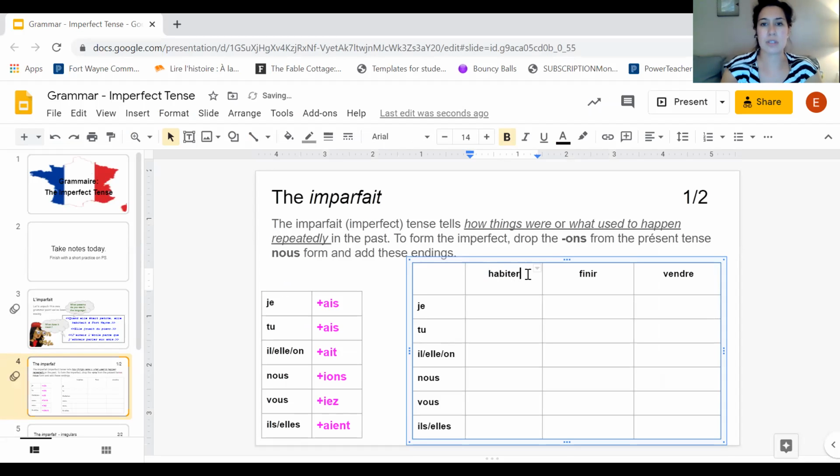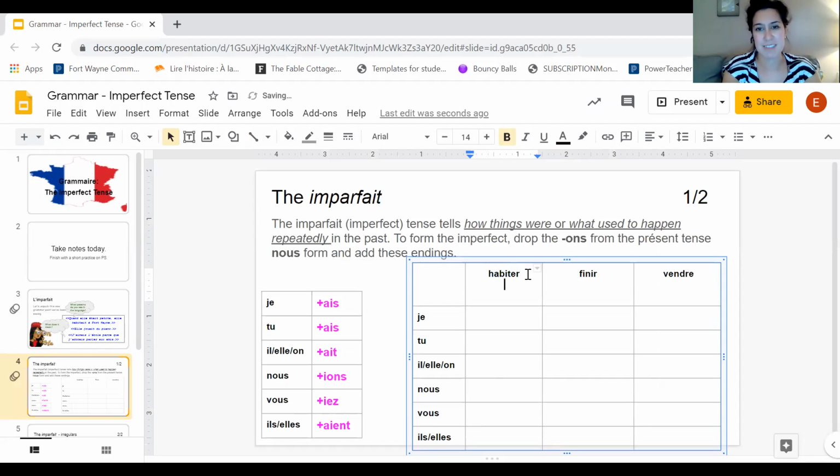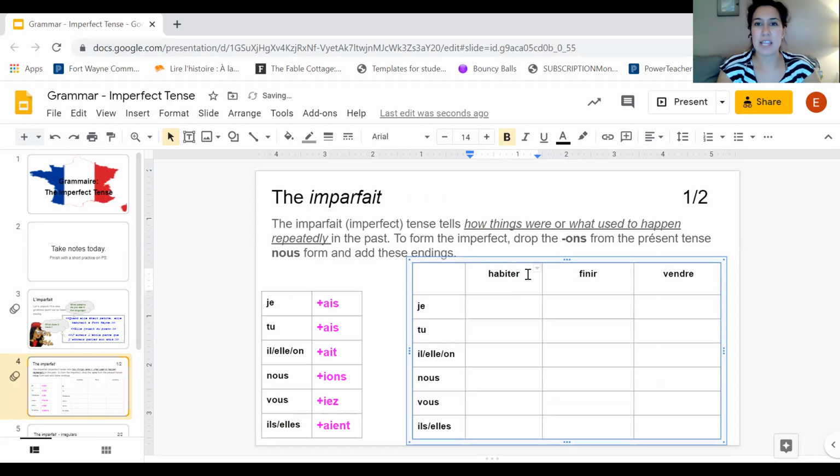So let's say we are taking the present tense nous form. So nous habitons. That is the nous form in the present tense, habitons. And then it says you take off the ONS. So we'd get rid of this ONS and we'd be left with habit.